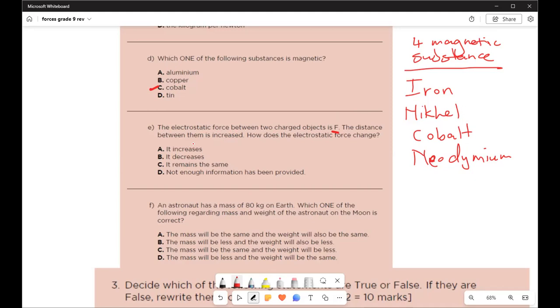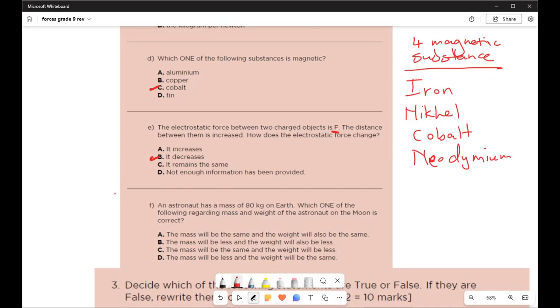So the strength of the force decreases. If the objects were brought closer to each other, the strength of the force was going to increase. So they ask how the distance being increased affects the force. Obviously the force is going to decrease. So the correct option is B.